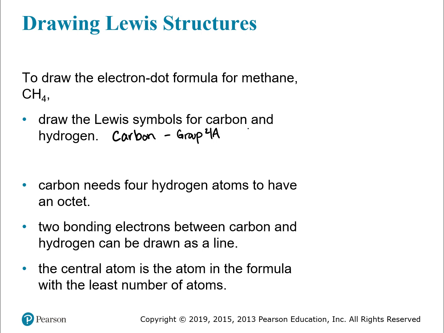It's in 4A. That means it's got 4 valence electrons. The symbol for that is going to be the C, and then 1 dot on every side. Hydrogen is group 1A. It's just going to have a single dot.